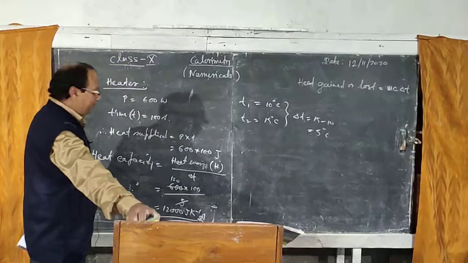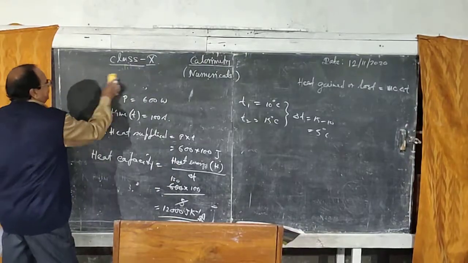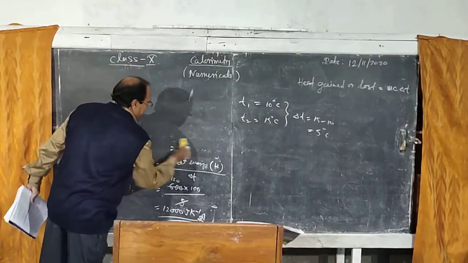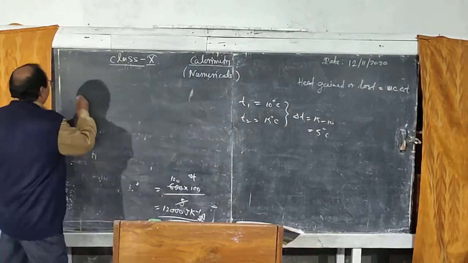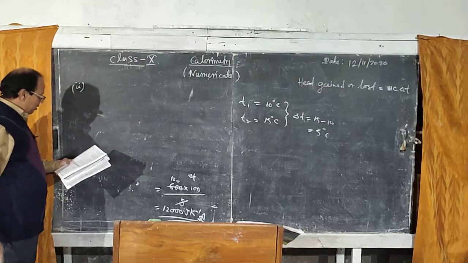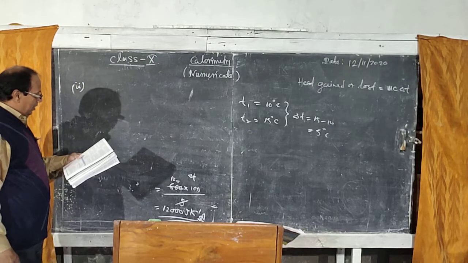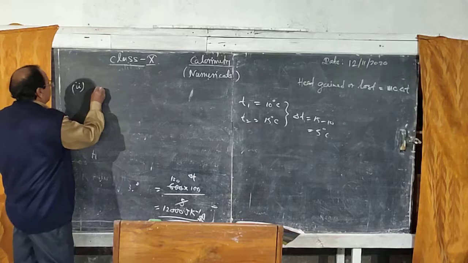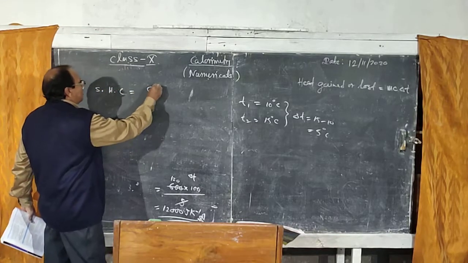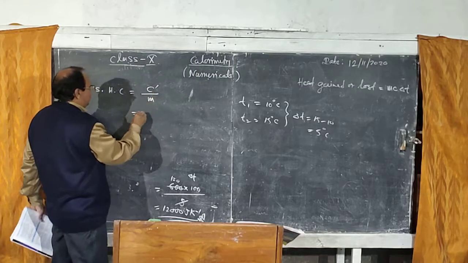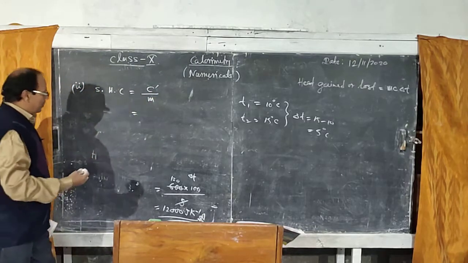Second part: for the second part we have to find the specific heat capacity. Specific heat capacity equals C′ by M. You know the formula, so you can put this value.